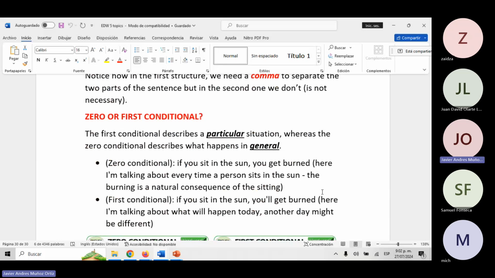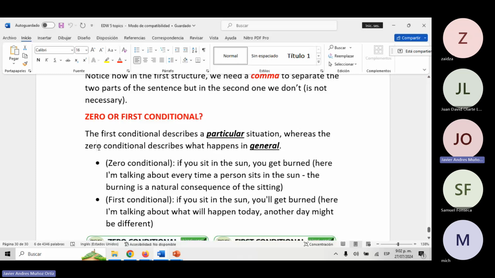We are going to use first conditional, today's session, to describe a particular situation, something that's true for me or for you or for your sister, but not for everybody in the world, only for you or for me or for your best friend, for nobody else. This is particular, subjective.